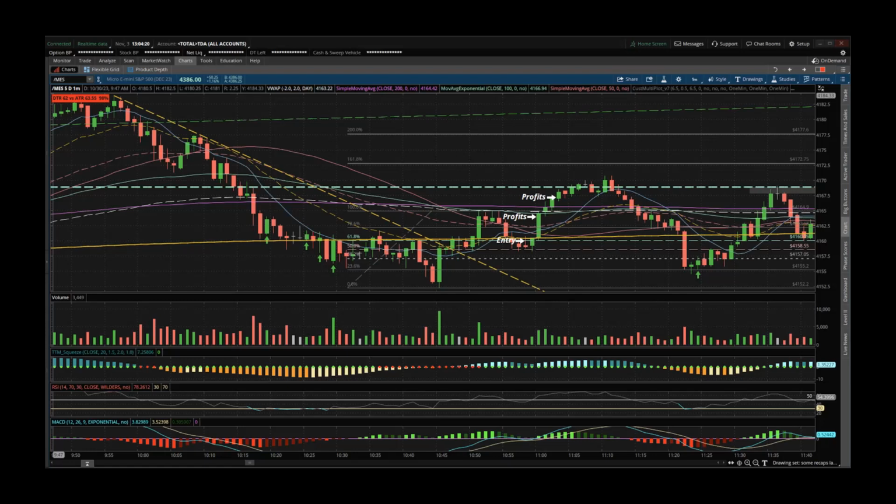And like I said, these terms might not be exact to the T, but it's my own interpretation of those breaker blocks and order blocks.